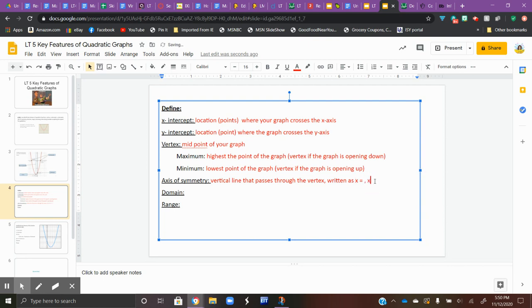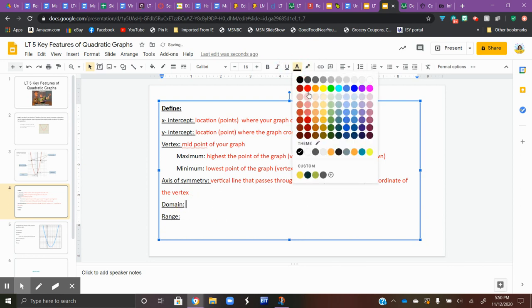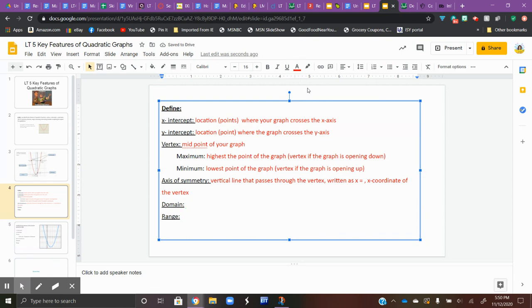And it's always the x coordinate of the vertex. All right, domain and range. These are terms that you should know, but they are always one of the most challenging aspects of this learning target.